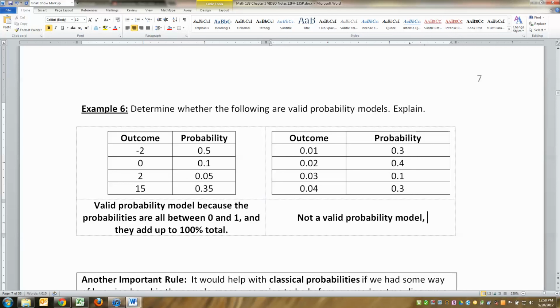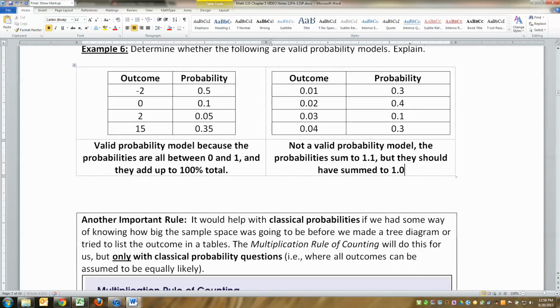The reason being, if you add them up, this is 0.7, 0.8, 1.2. Oh no, 1.1, sorry. So the probabilities sum to 1.1, but they should have summed to 1.0.